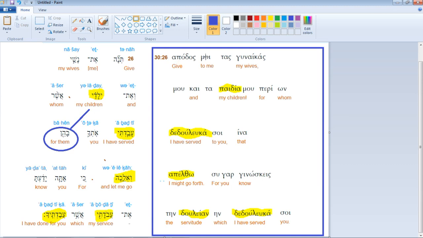My apodos, my kids, to my gynekes, to my gynecologist, the man that sees a gynecologist. Give to my pedia, my servants, the pari, around, the surrounding on.